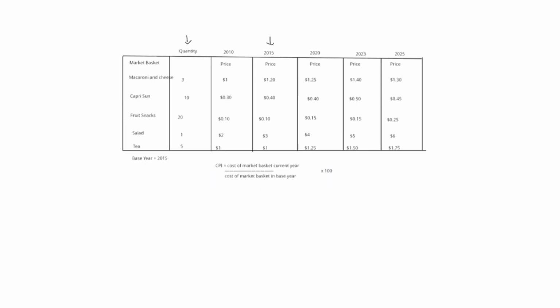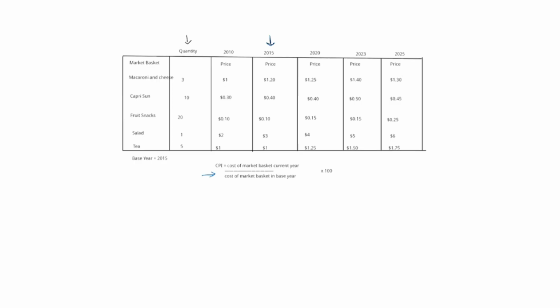So what that means is when we calculate the cost of the market basket in 2015, that's going to be the bottom of this fraction for every single year. Every single year. So let's calculate 2015's first.